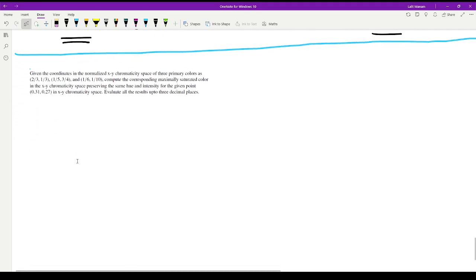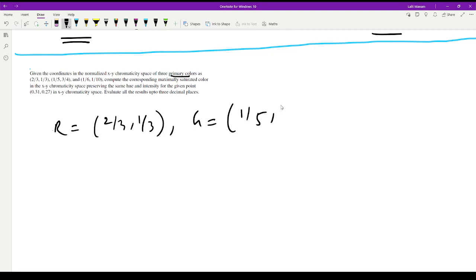Okay. So we are given the coordinates in the normalized XY chromaticity space, which we have been seeing for a few questions now. Given the coordinates of the three primary colors, let's call them RGB. R is 2 by 3, 1 by 3. G is 1 by 5, 3 by 4.